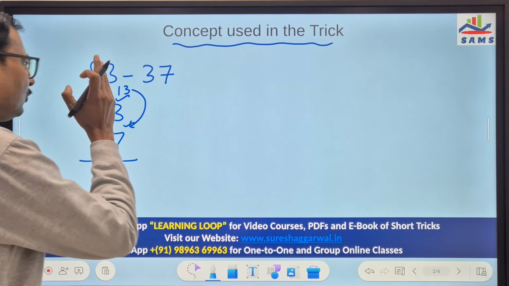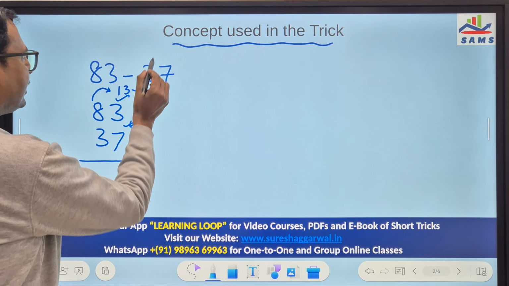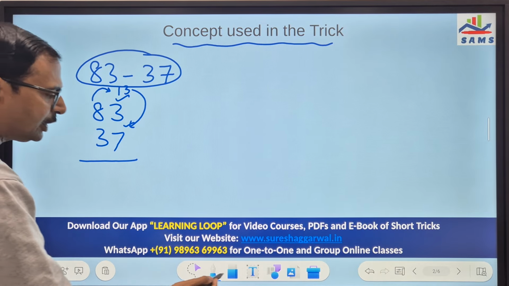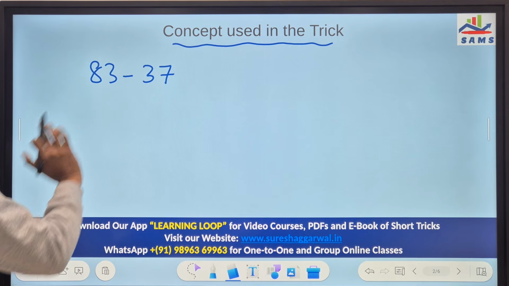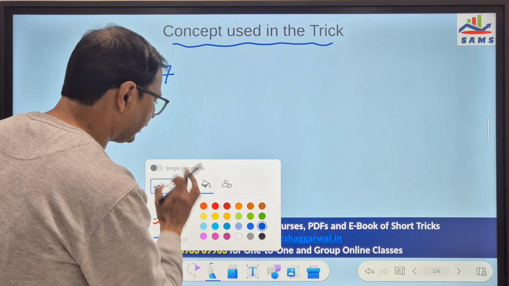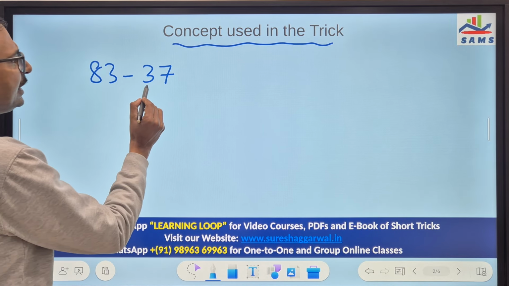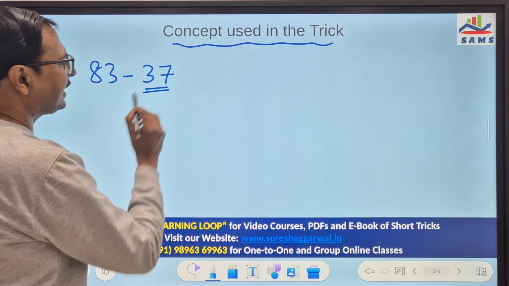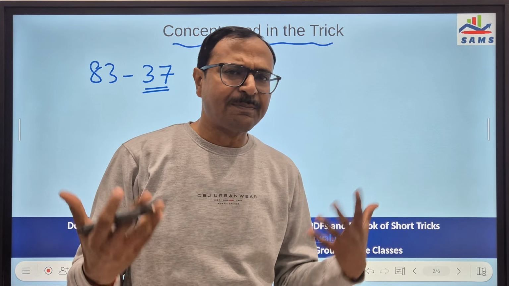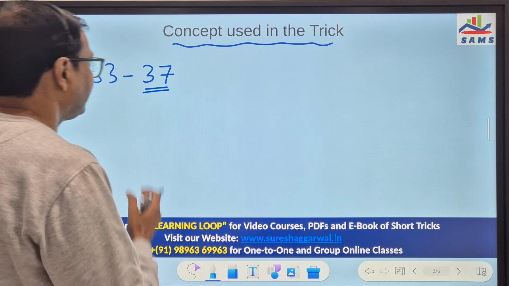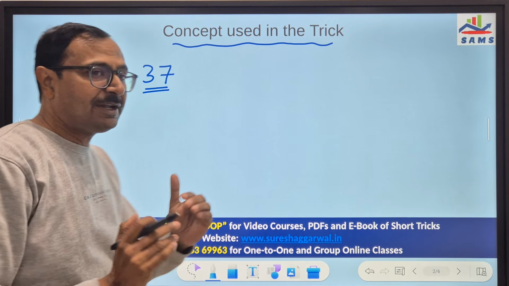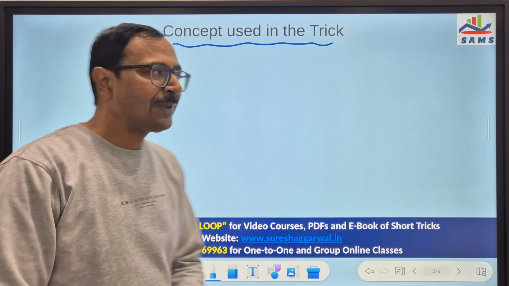So what should we do to convert this problem of borrowing into a problem of not borrowing? Now see what is the best trick for that. Instead of subtracting 37, can we subtract something which is more convenient to us? Maybe converting it to a base number, which we have done in our earlier videos also.